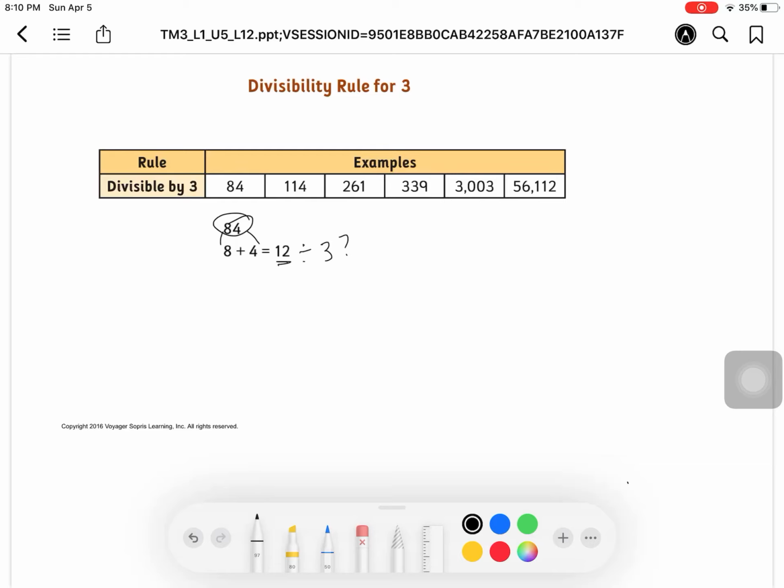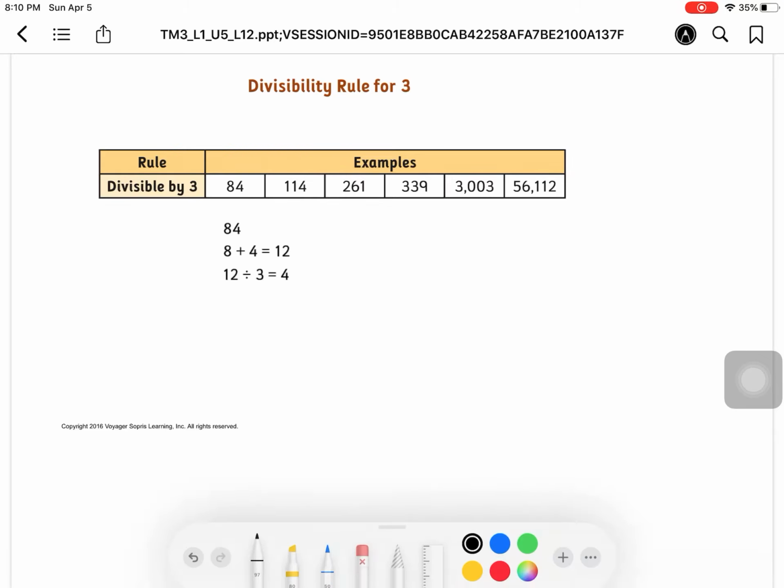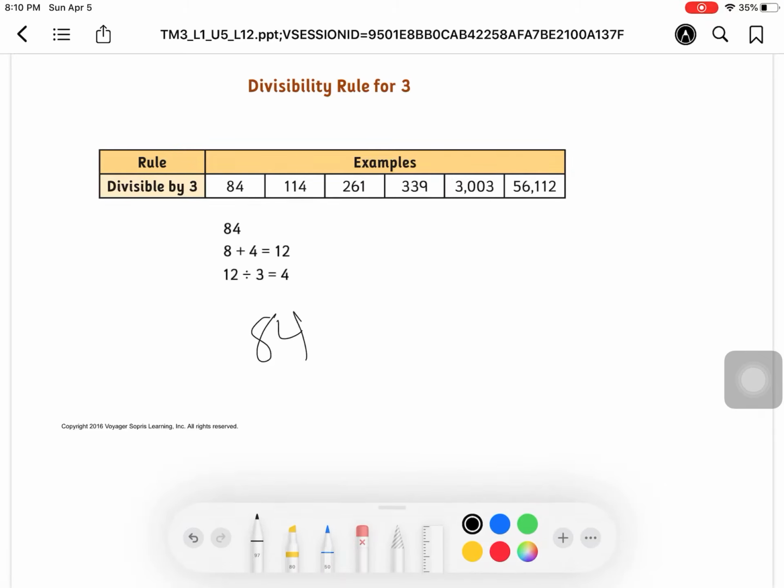Does that work? And the answer would be, yes, we can. We know that 12 can be divided by 3, and that is 4. So then I know that 84 can be divided by 3 evenly.